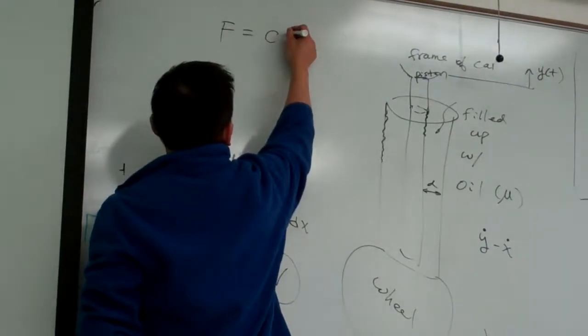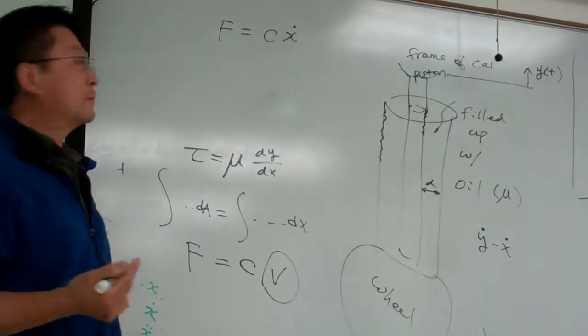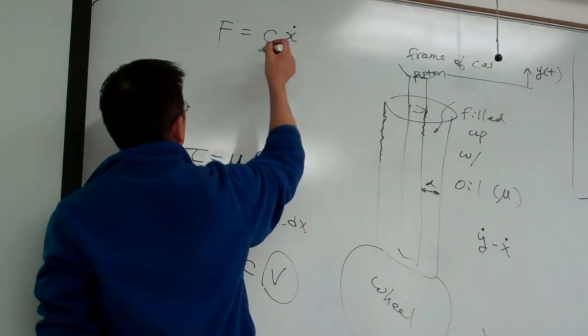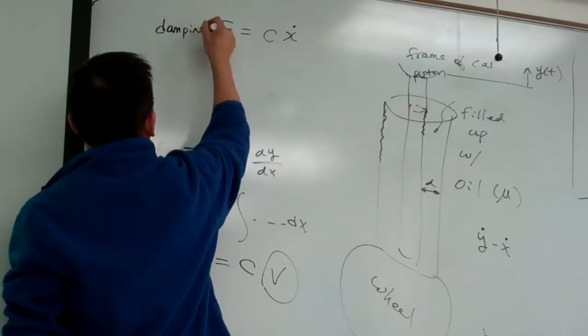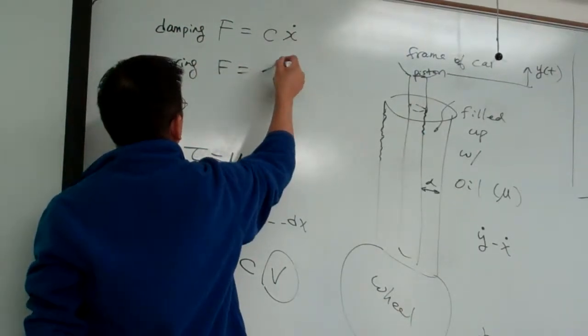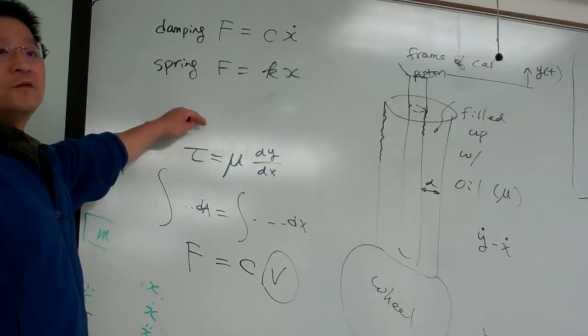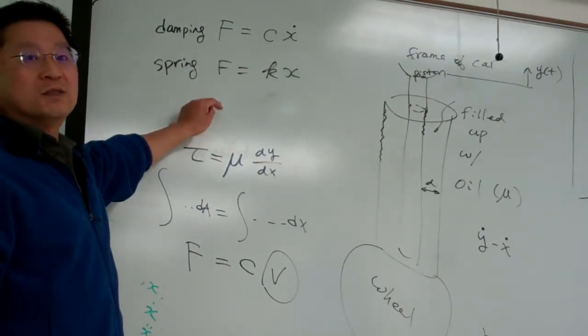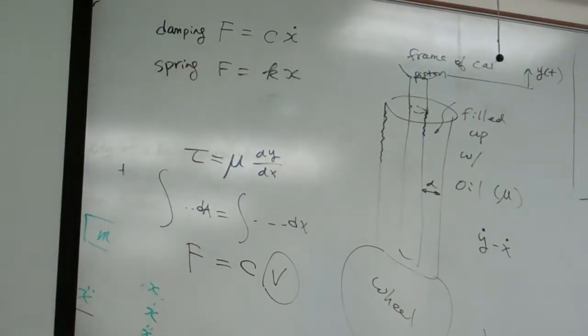The force due to damping equals C times velocity. Let me pick X as a degree of freedom. Compared to the damping, and compared to the spring, our force equals this term. If you take a free body diagram of the dampers, then basically they have the same reasoning. So the formula is the same.